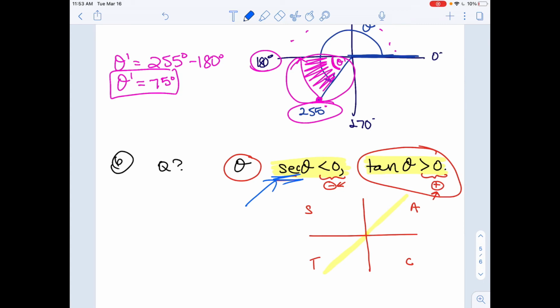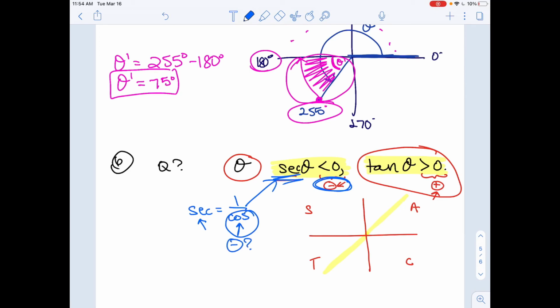So let's talk about secant. Where is secant negative? So think about this. Secant is also equivalent to 1 over the cosine function. Because the reciprocal doesn't change positive or negative values, if cosine was negative, secant would also be negative. So we want to know, where is cosine also negative?